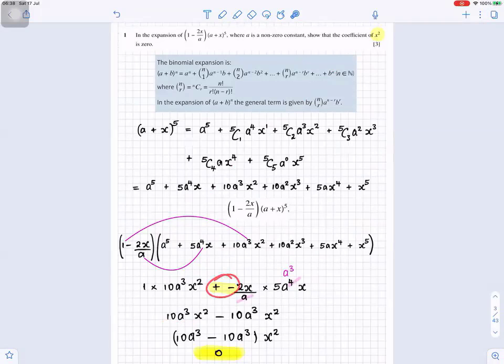Plus and minus becomes a minus. 2 times 5 will give you 10. a^4 divided by a will give you a^3, and then x times x will give you x squared. So you factorize, you get 10a^3 minus 10a^3, which is 0. So it will be 0x^2. So that's why we show that the coefficient of x squared is 0, because 10a^3 minus 10a^3 is 0.